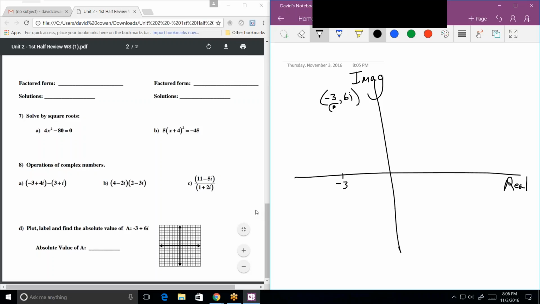That's definitely the point. Now, what's the absolute value of it? It is the square root of the two numbers squared.